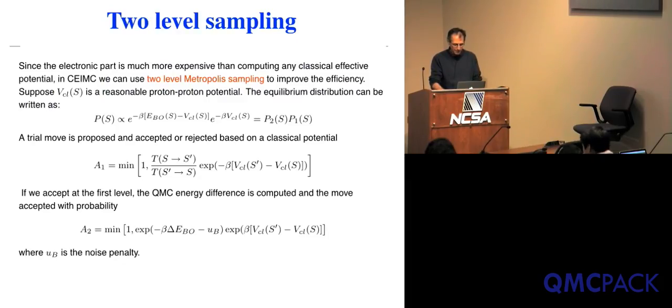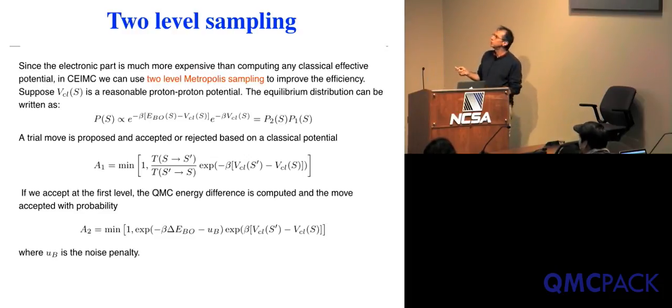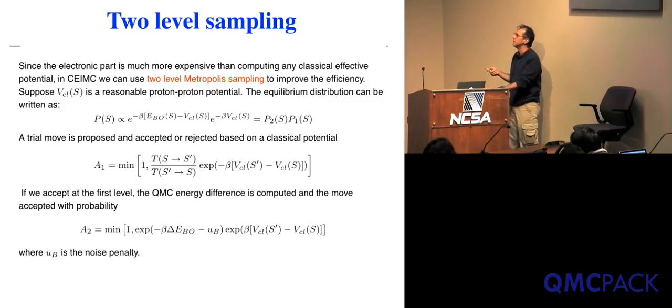Now, in practice, we have implemented another trick, which is that we use two-level Metropolis sampling in our calculation. We split this distribution in this way. So we introduce a sort of effective potential, which I call classical, but can be anything, which is much faster to compute than the Born-Oppenheimer energy.